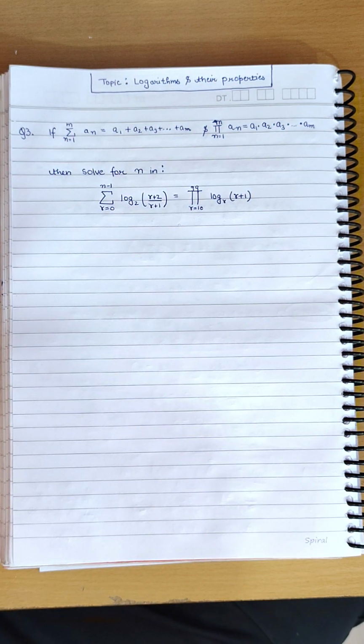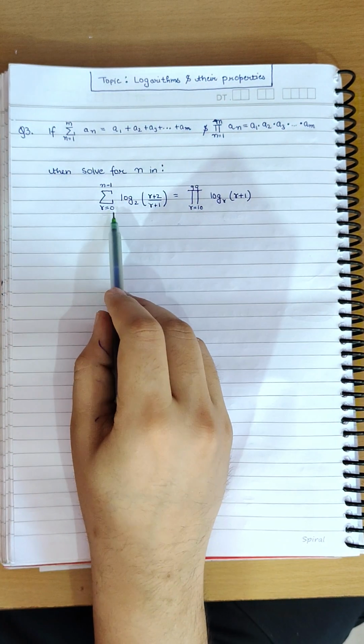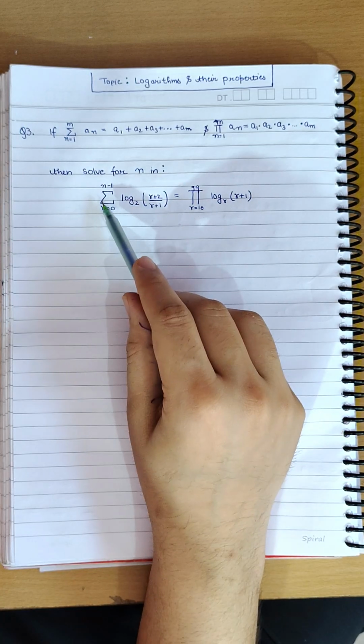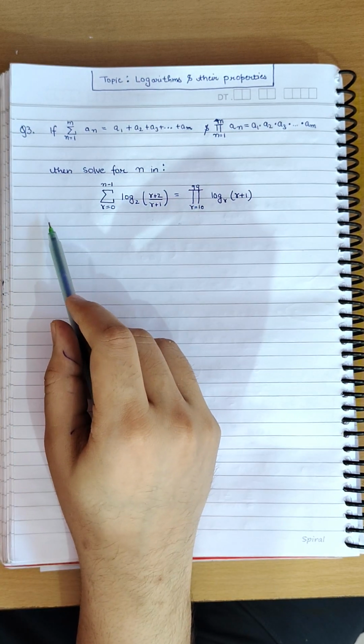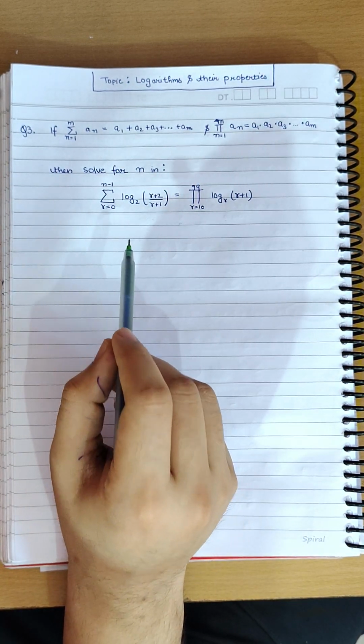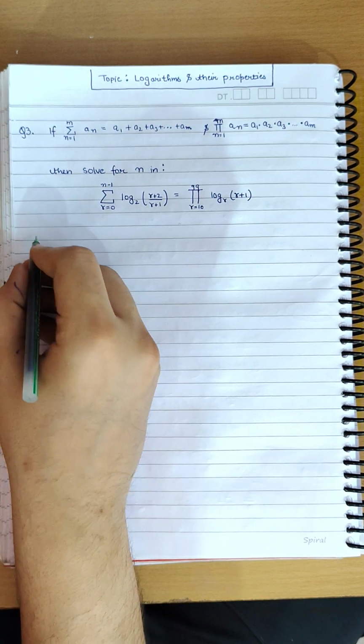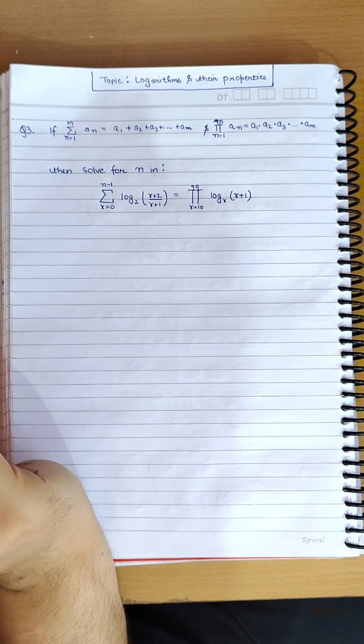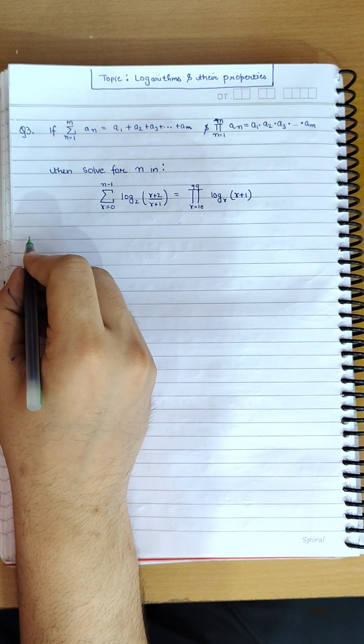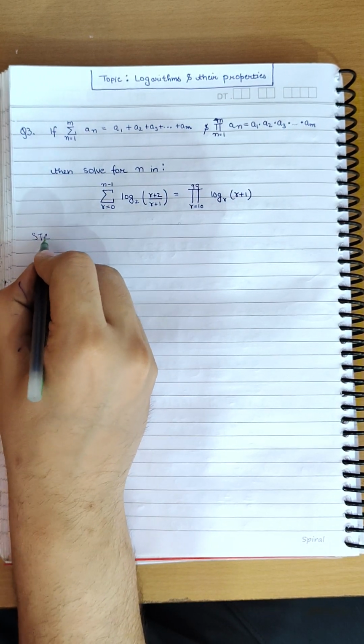So now we are given in the question this crazy looking expression, and then we have to solve for n in this expression. Okay, so let's do it step by step. Since this looks like a big expression, let's write step 1 first.